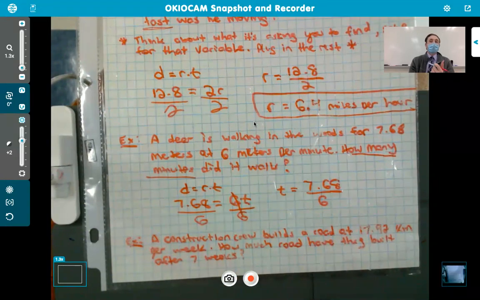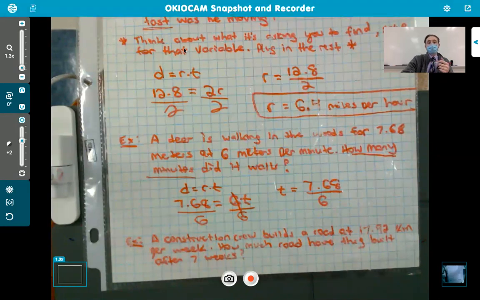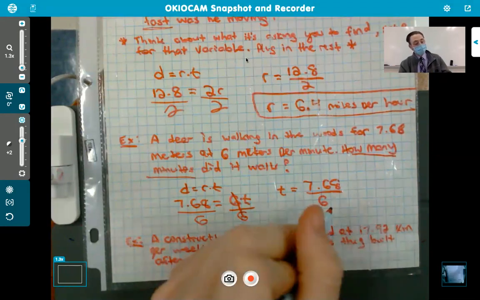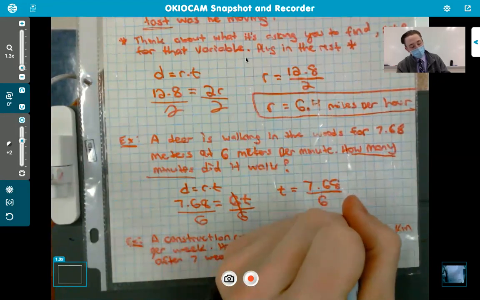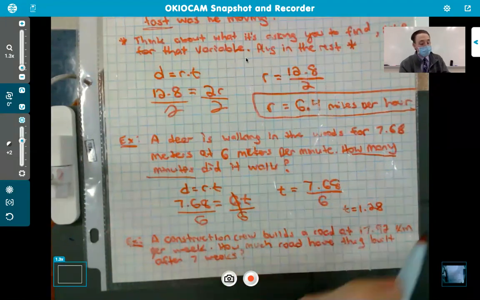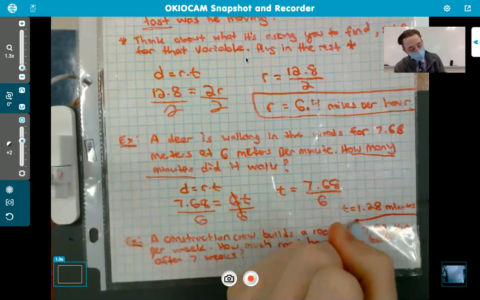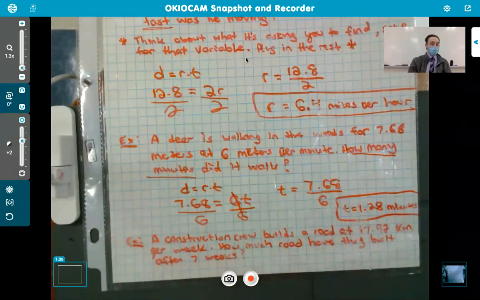Somebody on their calculator, on Desmos, whatever you're using, what's 7.68 divided by 6? 1.28. Good. So T is equal to 1.28. That's my time. And it asks me how many minutes. So let's make sure that we also include that it's 1.28 minutes for our time.